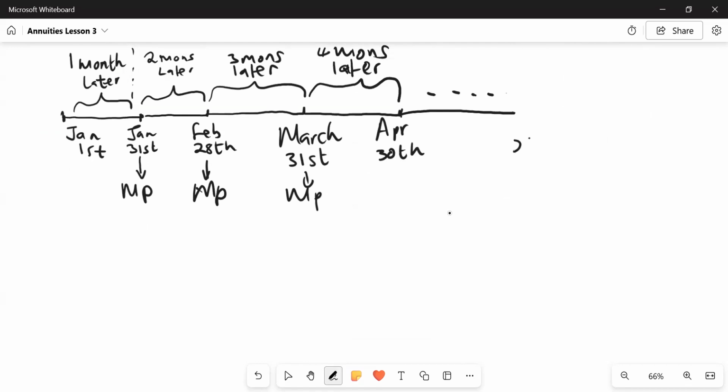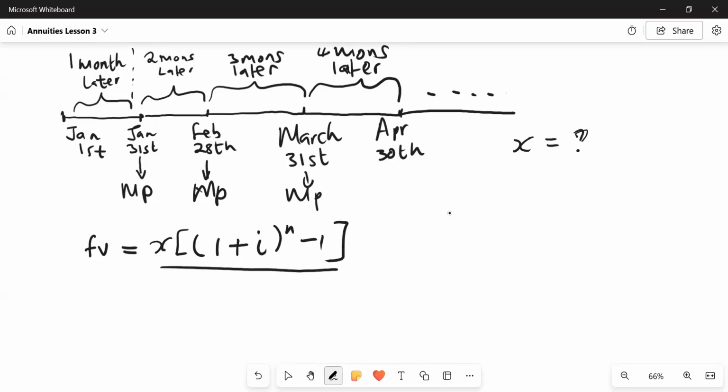Now, okay, we're looking for our x. So our x is unknown, right? So now how can we get our x? Okay, cool, let me do this. You have your future value equal to x times (1 plus i) to the power n minus 1, divided by i.